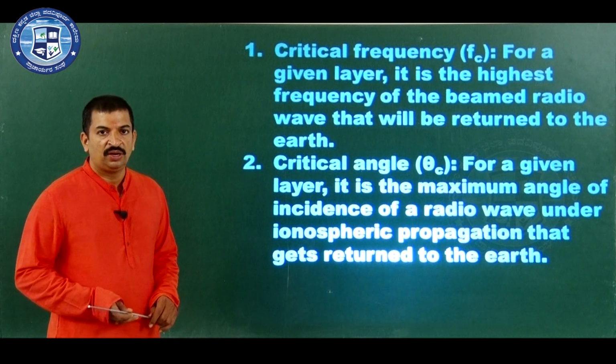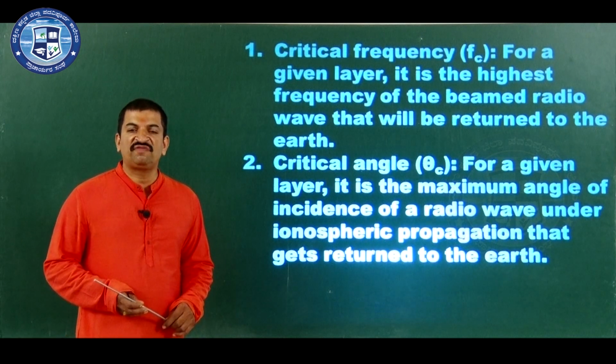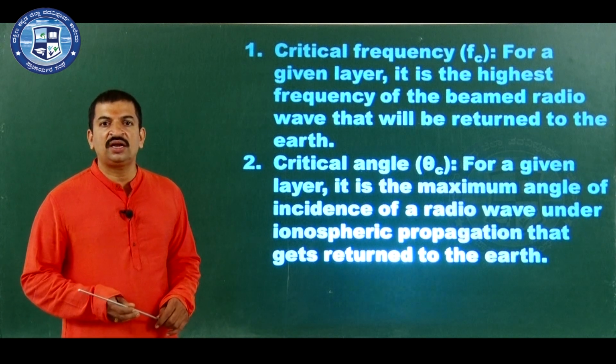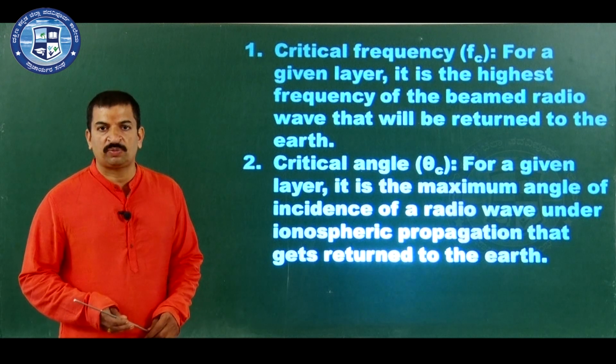Now, there is an angle known as the critical angle. If the angle of incidence is less than the critical angle, then the ray will not be returned down to earth; it escapes from the earth atmosphere.